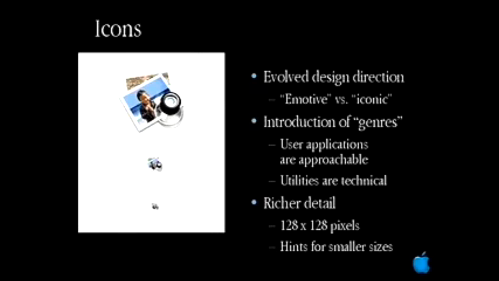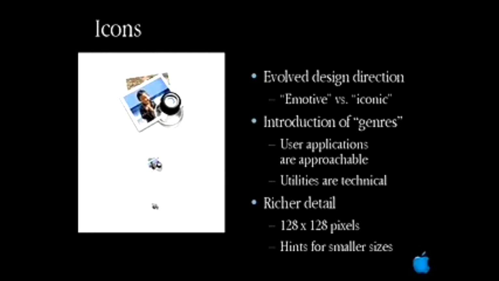So what we wanted to achieve with Aqua was, with our icon style, because we had the opportunity to put such tremendous detail into our icons because they were larger, we wanted to move towards a more emotive style. We wanted an application icon to say, I'm not just a word processor, but here's the things I can do. I can create letters for you.